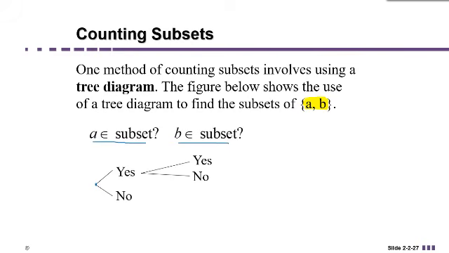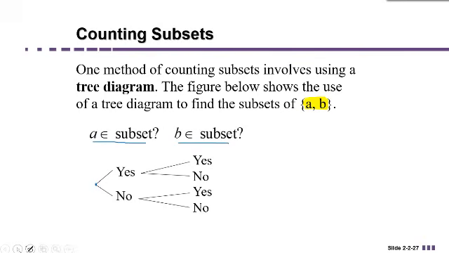Then we have two possibilities, either B is or B isn't in our subset. And then let's suppose that A is not in our subset. We still have two possibilities, either B is or B isn't in our subset. This tree diagram is listing all the possible outcomes for constructing subsets of the set we started with.